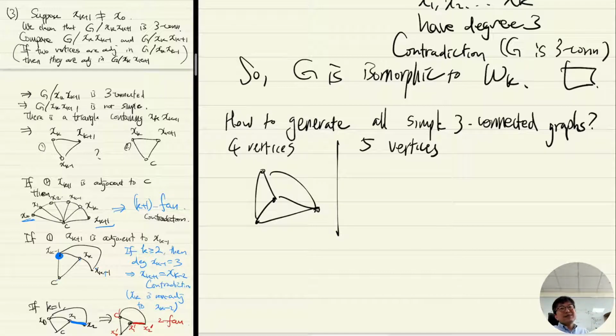Tutte wheel theorem says that any 5 vertex simple 3-connected graph is built from a smaller simple 3-connected graph by adding an edge, or uncontracting a vertex, right?